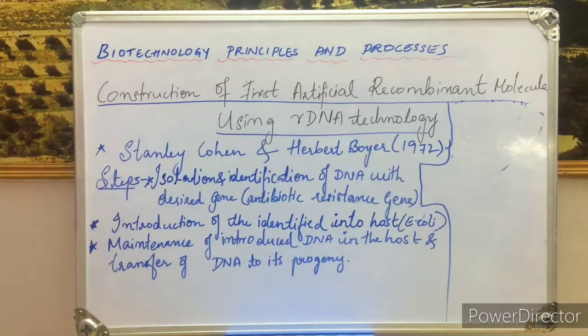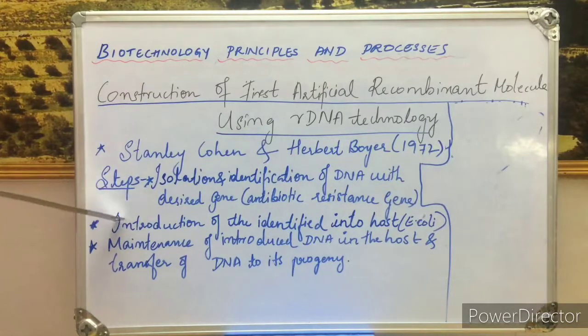In order to carry the gene of interest into the host cell, the other cell where it is getting multiplied, it must be linked to the vector DNA. As the definition of vector says, they are the carriers of genes and they have self-replicating capacity.